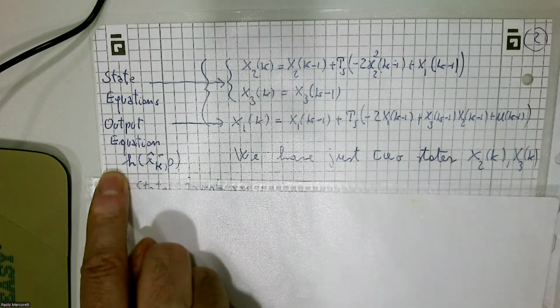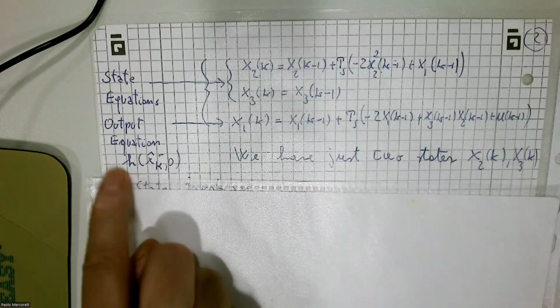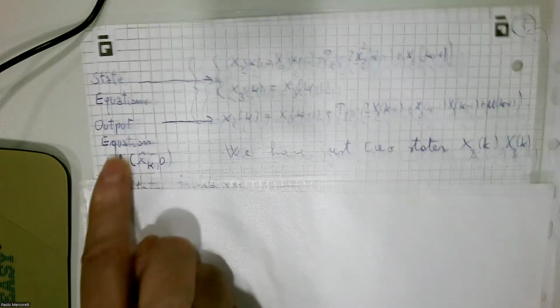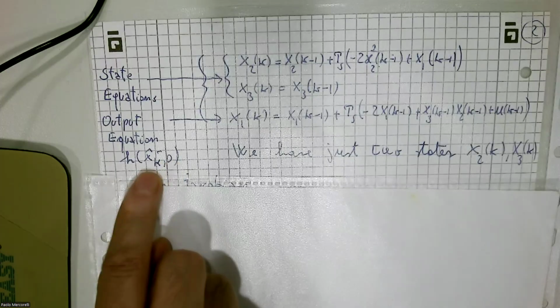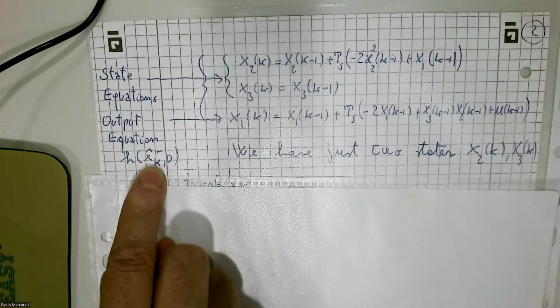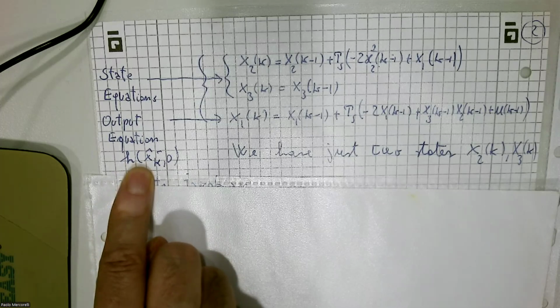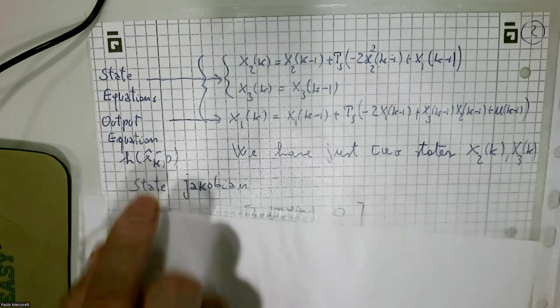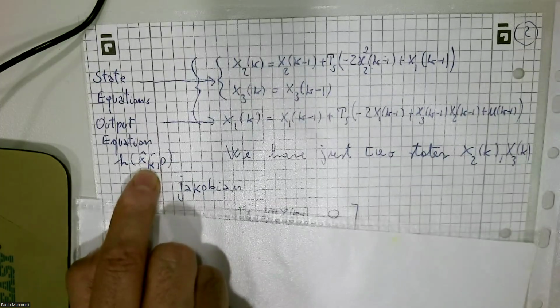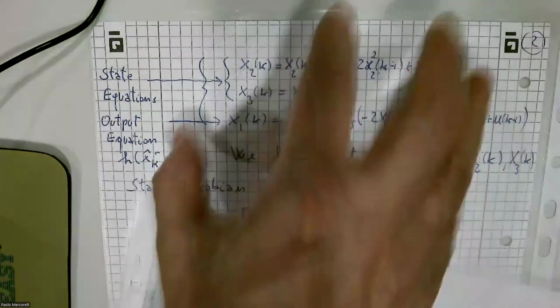This H function is a function of x hat minus of k. The students interpreted this minus as a hat of k. Let's explain the meaning of what I am doing.